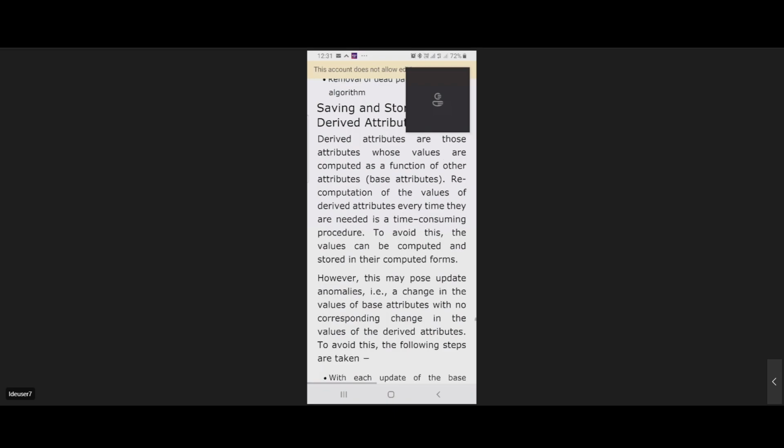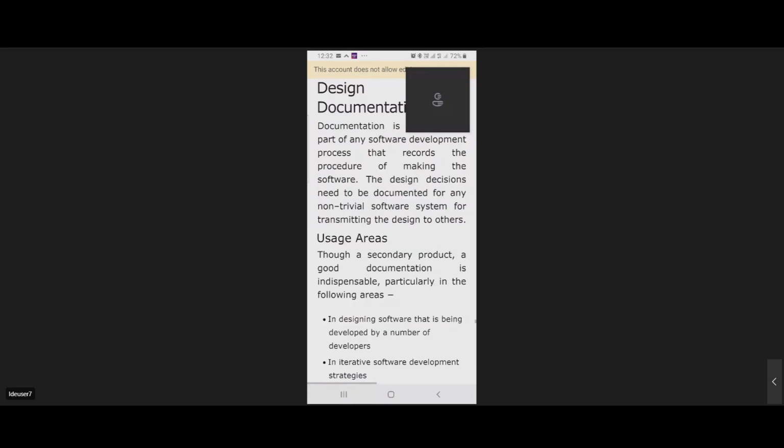So what is design documentation? It is an essential part of any software development process that records the procedure of making the software. The design decisions need to be documented for any non-trivial software system for transmitting the design to others.